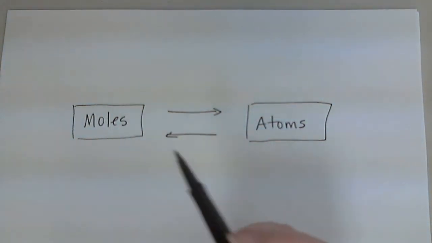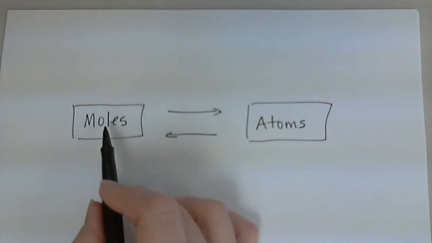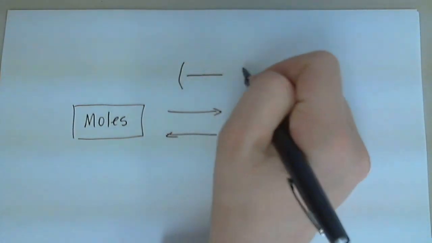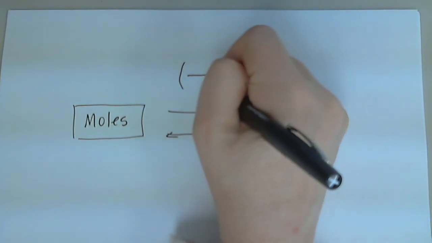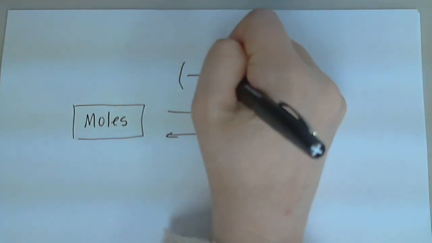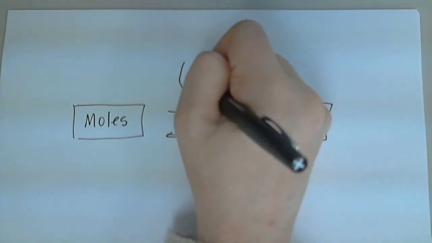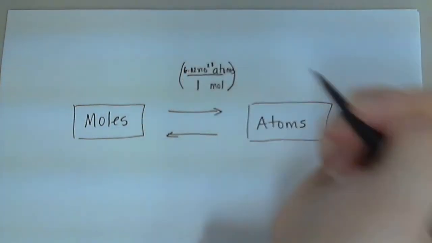We learned that we can do this using Avogadro's number always. That's the key. If we're starting with moles and going to atoms, every single time our conversion factor should be moles on the bottom and atoms up top, because Avogadro's number never changes. It's always 1 mole to 6.02 times 10 to the 23rd atoms.